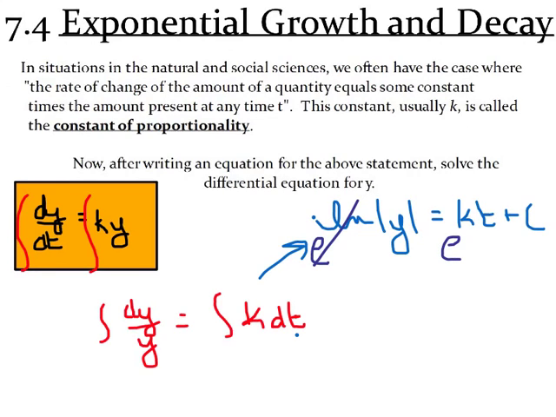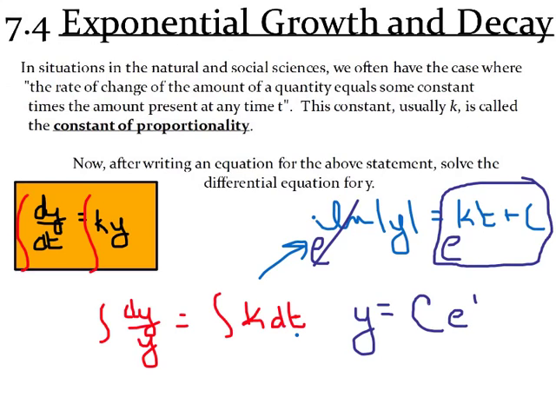And now I'm left with the absolute value of y, which I'm not going to write the absolute value, and I'll explain that in a minute. Then remember what we did in the last section to simplify something like this. This is e to a sum, so it breaks up into e to the kt times e to the c. And the e to the c is just a different c.